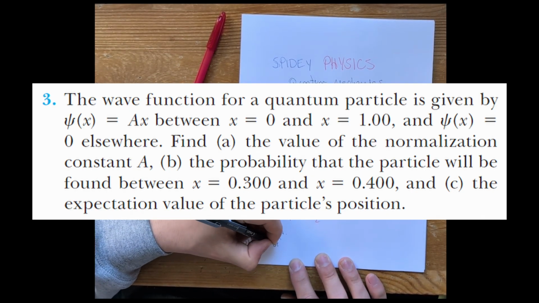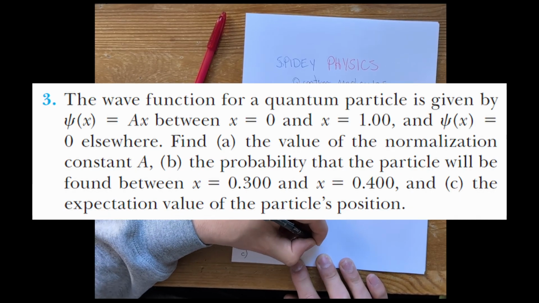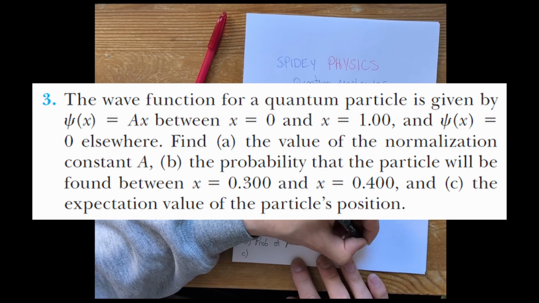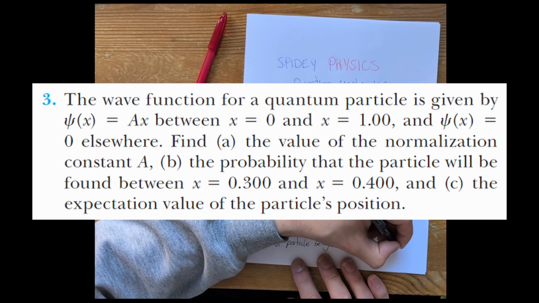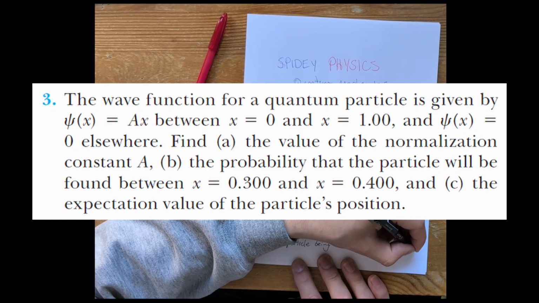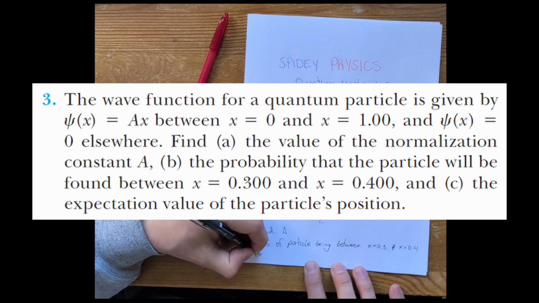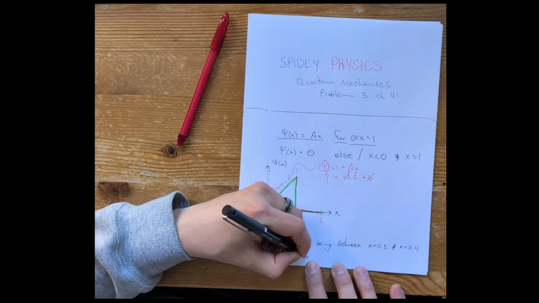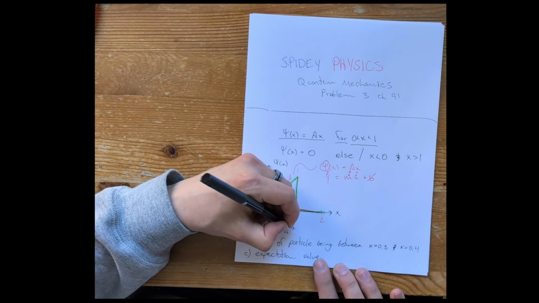Probability of the particle being between x is equal to 0.3 and x is equal to 0.4. That's part B. C, the expectation value. All right, let's start off with part A.